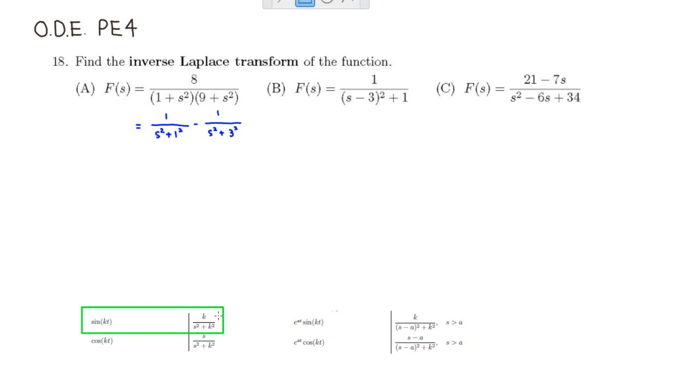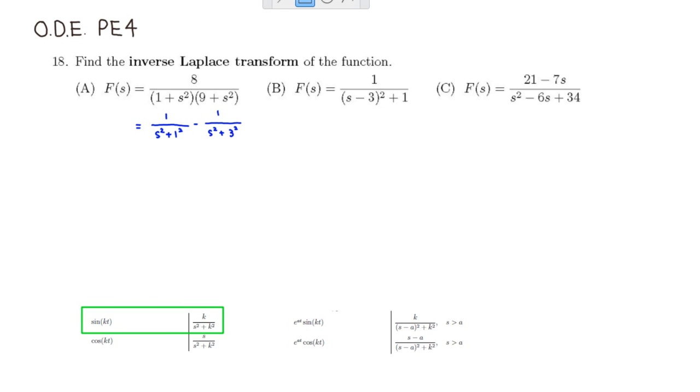We just need to tweak a little bit. The first one fits exactly: k is 1 in this case, over s squared plus k squared. Here, k seems to be 3, so we would like to have a k on top.